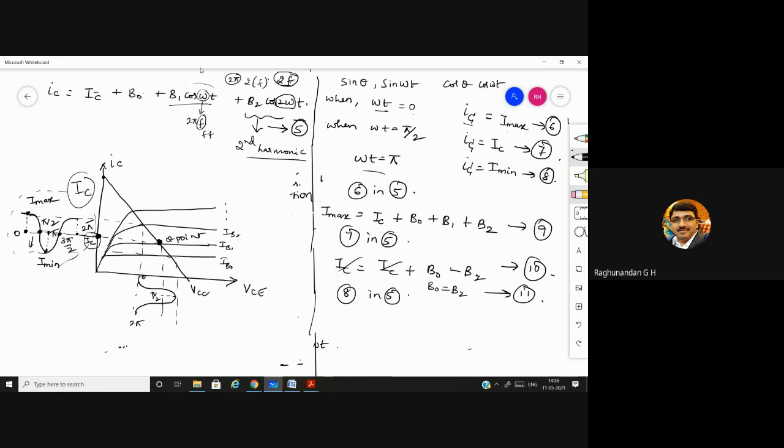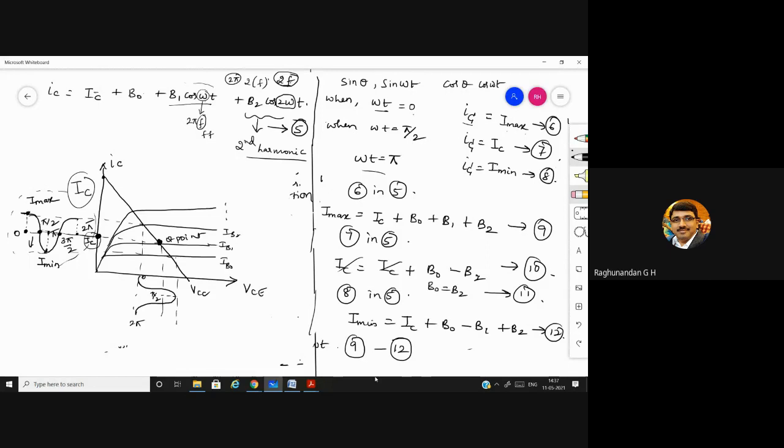So now if you substitute 8 in 5, what you'll get? We get Imin is equal to IC plus B0 minus B1 plus B2. Take this as equation number 12. Now subtract equation 9 minus 12.